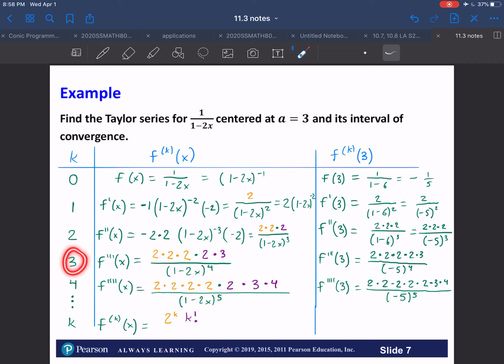Whenever we were on the third derivative, we were calculating 3 factorial. Fourth derivative is 4 factorial. And we notice that this even makes sense whenever we were in the first derivative, because really what we would have had here is just times 1. And 1 factorial is just 1. It even makes sense at the 0th derivative, because we would really have times 0 factorial. And 0 factorial is just 1.